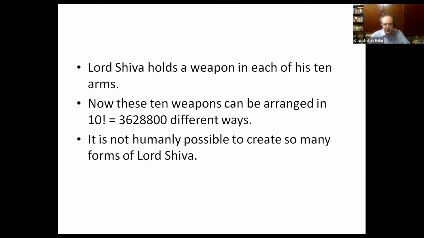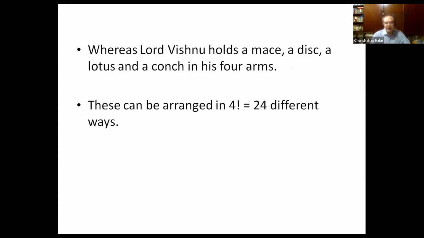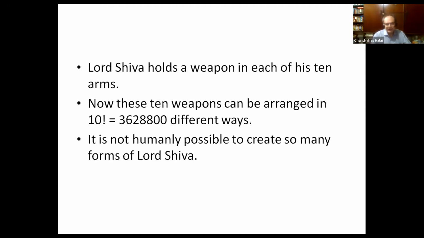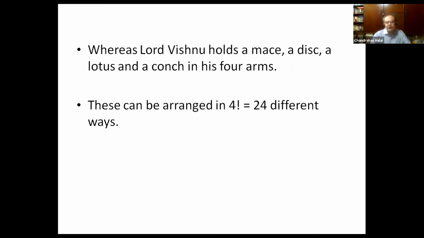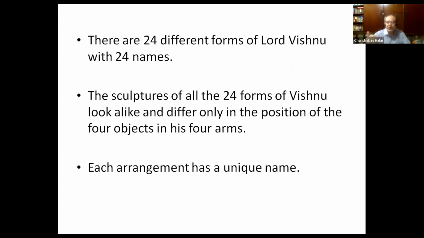So it is not humanly possible to create so many different forms of Lord Shiv or Mahadev. Whereas Lord Vishnu holds 4 ayudhs and they can be arranged in 24 different ways. So we can create 24 different forms of Lord Vishnu.